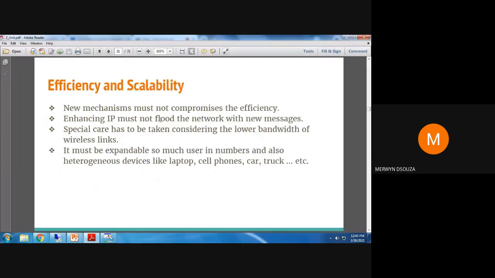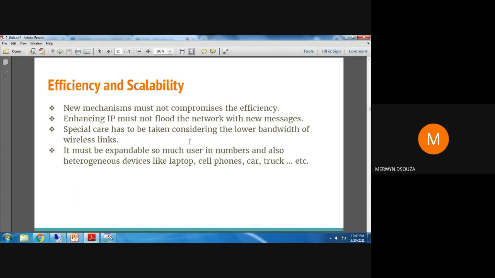And the fourth feature that is required in mobile IP is efficiency and scalability. Efficiency means if there are a lot of mobile systems, the communication should still work properly. Scalable means it should be able to support billions of moving hosts, a lot of hosts which are moving around.